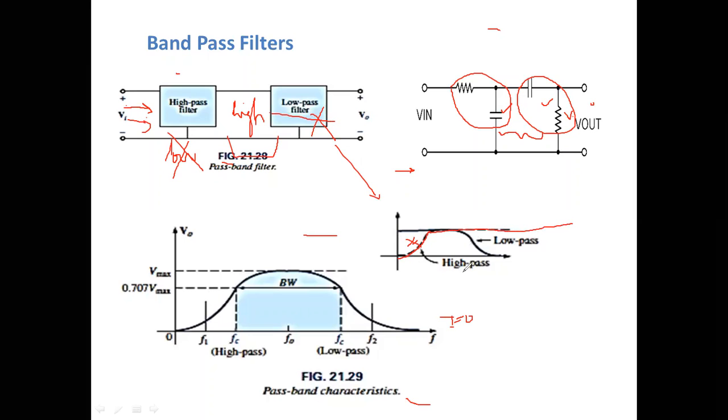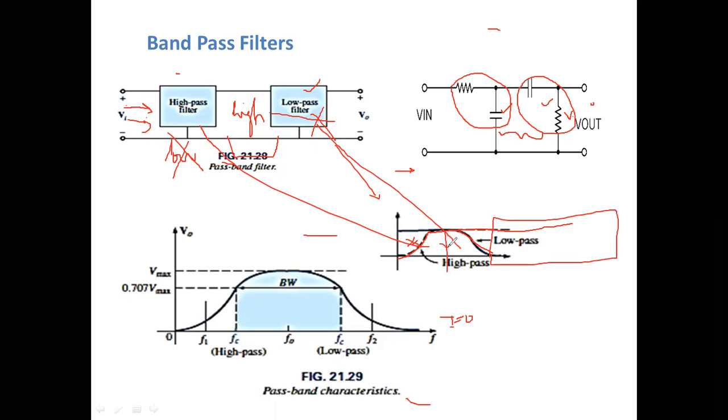Now when these frequencies try to pass to this low pass filter, it will block this high frequency portion and allow only this portion. So this was the case by the high pass filter, and this is the result of this low pass filter.